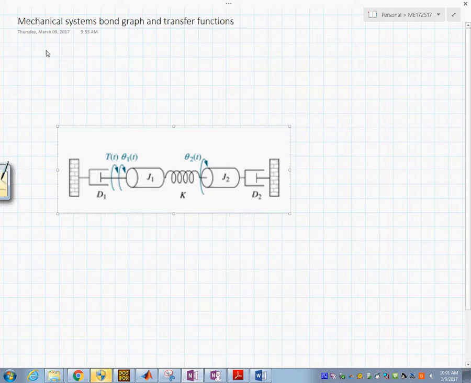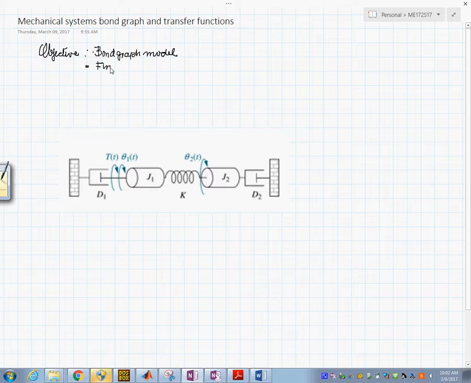So in here, let's just say, my objective is to do the bond graph model, and then the second objective is to find the transfer function.